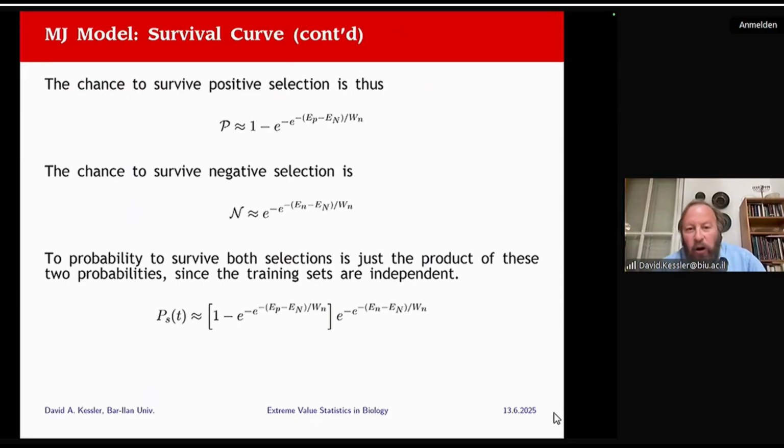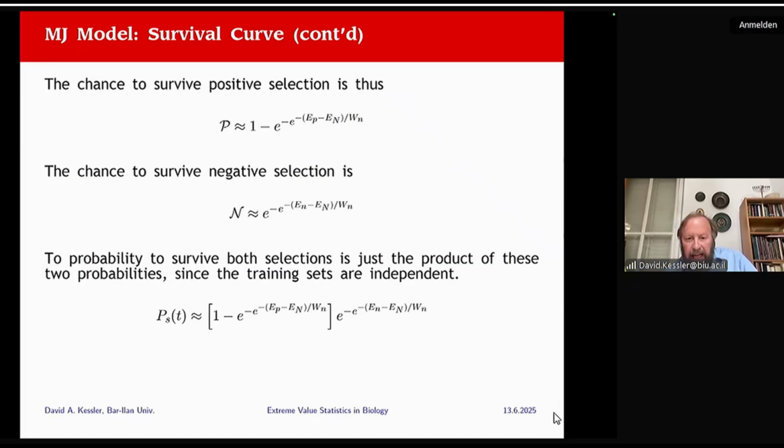Okay, so now we know the full answer. The chance to survive positive selection is given by the cumulative distribution function at one end of the Gumbel distribution. So the probability to survive positive selection is 1 minus e to the minus e to the minus, with EP there, and the chance to survive negative selection is just the other end, the CDF, e to the minus e to the minus.